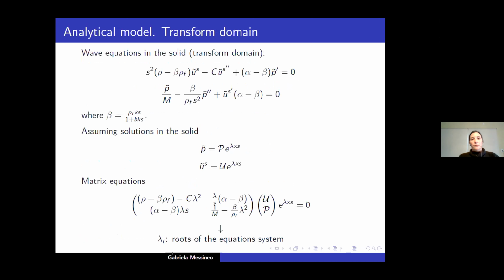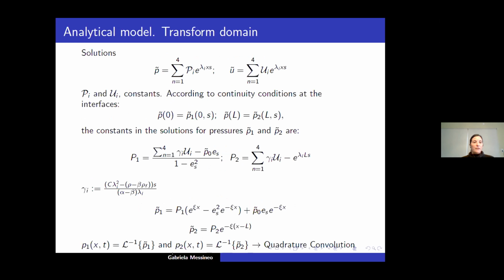These are the wave solutions for the porous solid in the transform domain, stated in terms of the pressure and the displacement in the solid. And the general solutions to these equations also can be written in the Laplace domain. Putting the solutions in the wave equations, we can write those equations in matrix form, and the four roots of the system can be obtained.